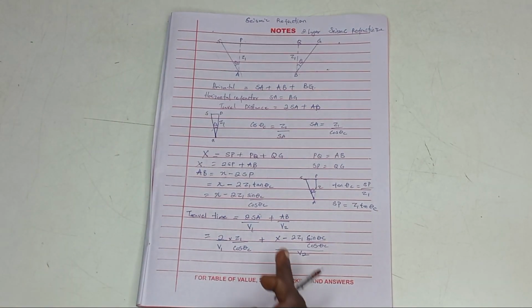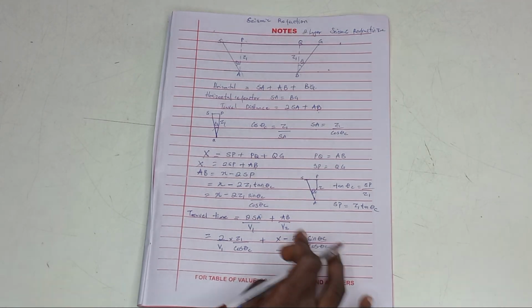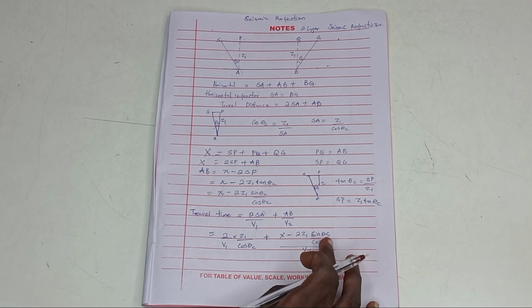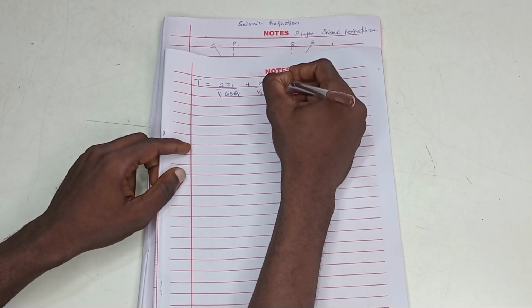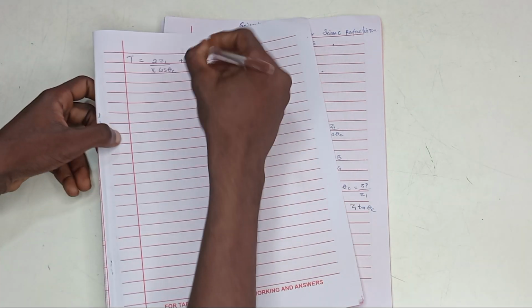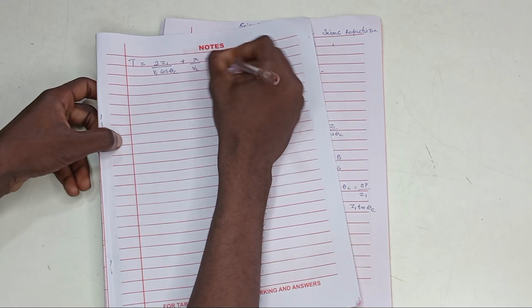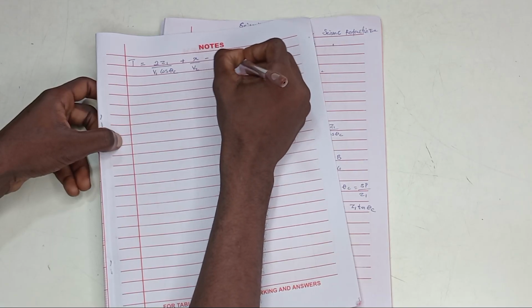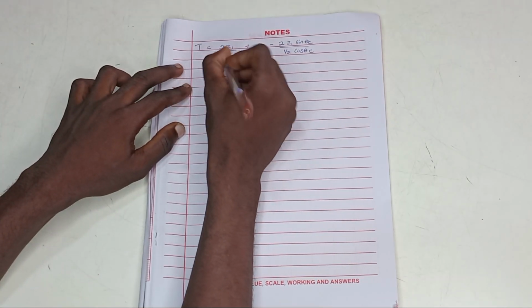I'm going to separate this, since this is the numerator. So X over V2, then minus 2Z1 sin theta C over V2 cos theta C. Good. So we're going to factorize now.